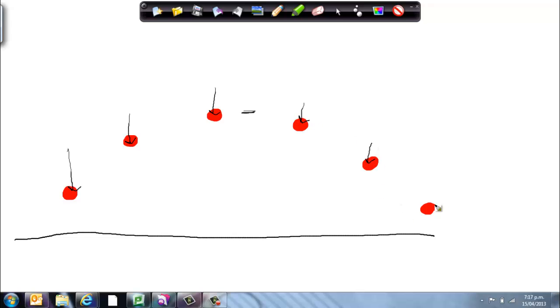We still continue to have the force down, and then we still have the air resistance going that way there. So gravity and air resistance affect the projectile the whole way through, all the way till the ball hits the ground.